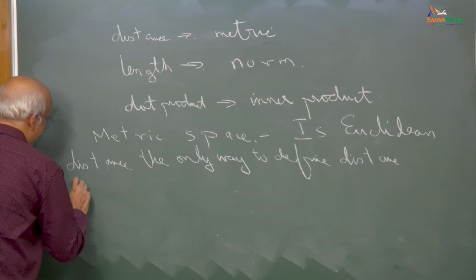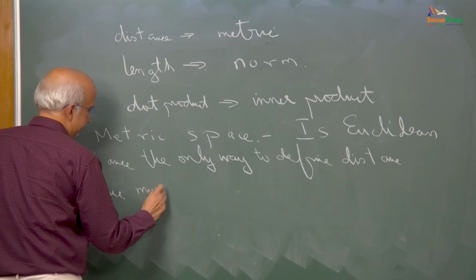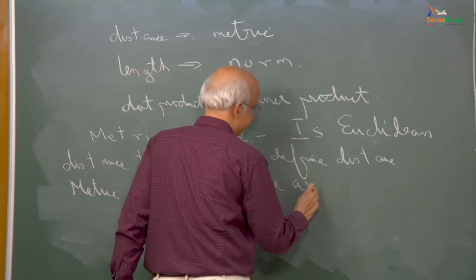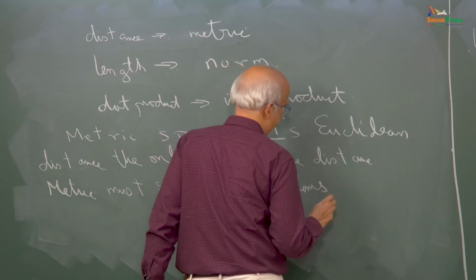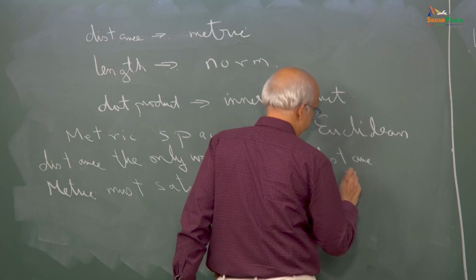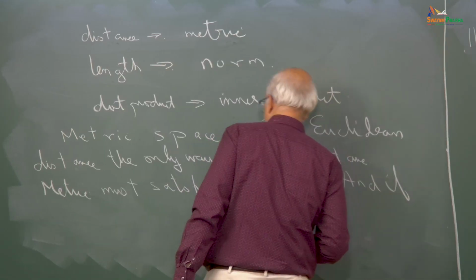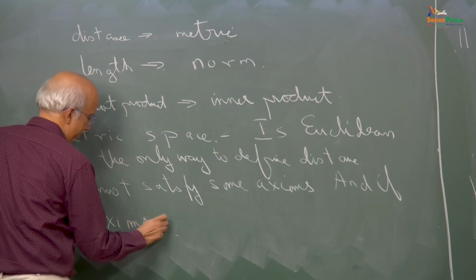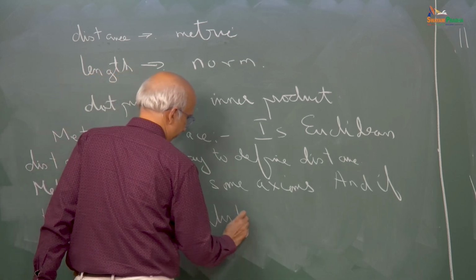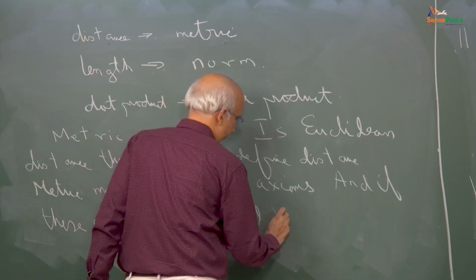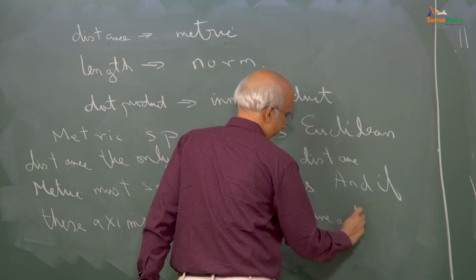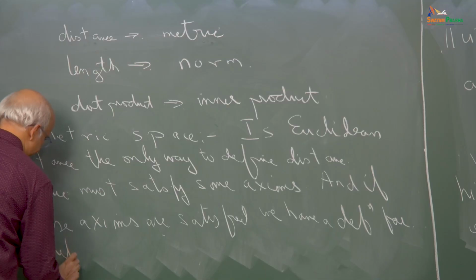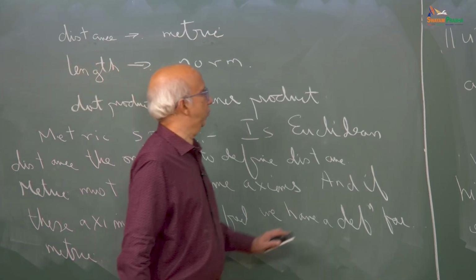The distance, or metric, must satisfy some axioms, okay, and if these axioms are satisfied, we have a definition for a metric, okay. So, let me explain to you what I mean by these axioms.